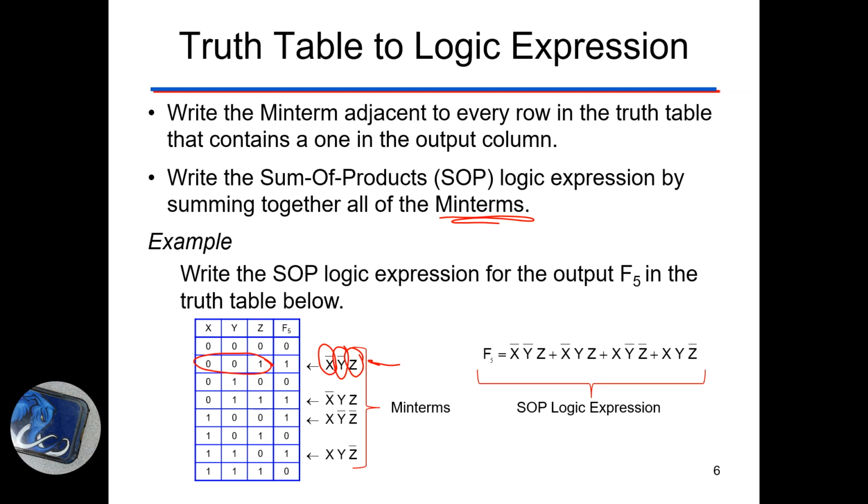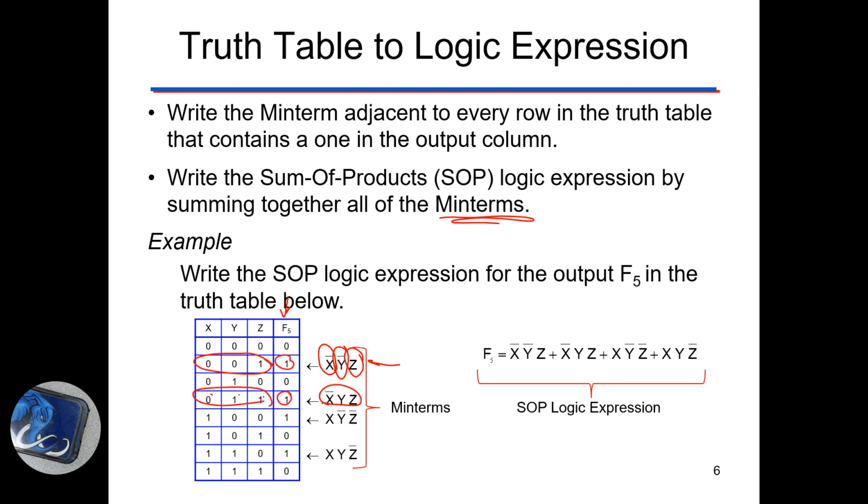Okay. So if we look at this next one, there's a 1 here, so this is going to be X naught, Y, and Z. So if you look over here, X naught, Y, Z, that's our minterm for that particular one. Okay, and you're going to go through and find all of the 1s in your F column right here.